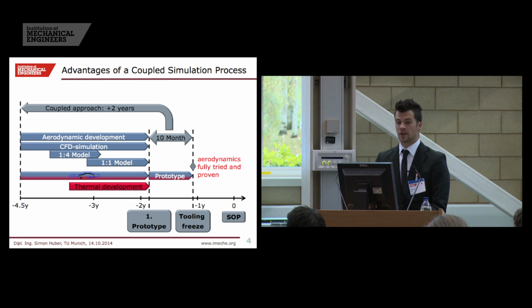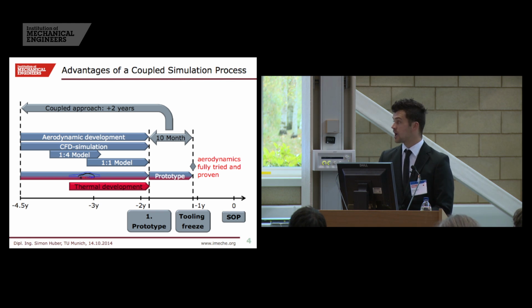If you look at a typical design process of a production car, we start basically 4.5 years before the start of production, marked here, with the aerodynamic development, which is composed of, of course, CFD simulations, in the beginning 1 to 4 wind tunnel models, and afterwards 1-to-1 wind tunnel simulations.